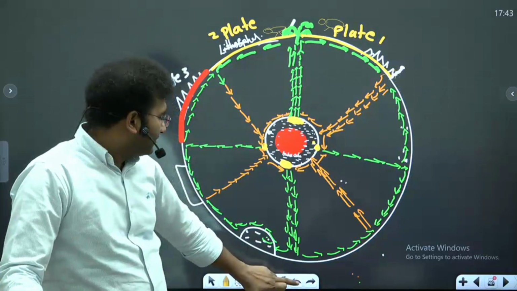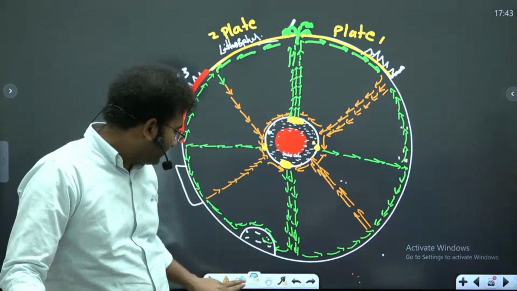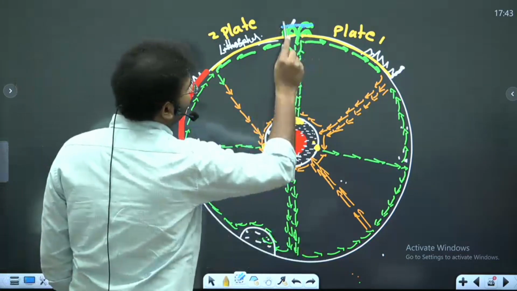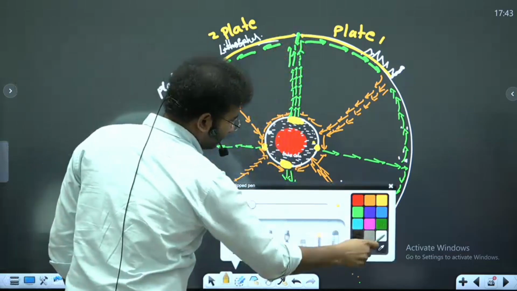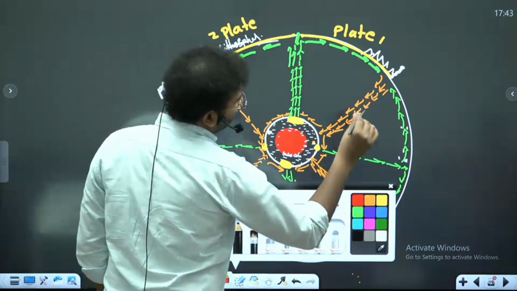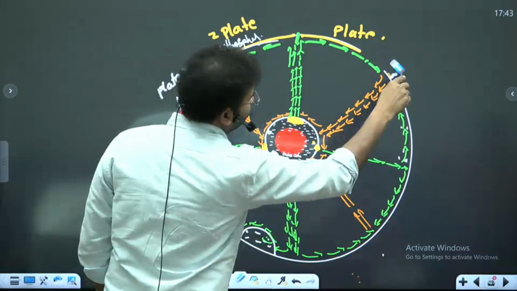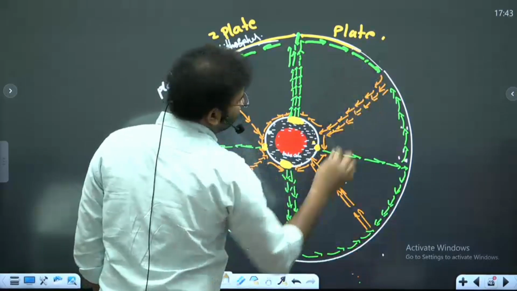See here. Can you say that each one of this is a plate? Now let's consider that I'll point a location. Let's call this as point A. Okay? Let's call this as point A. See here.